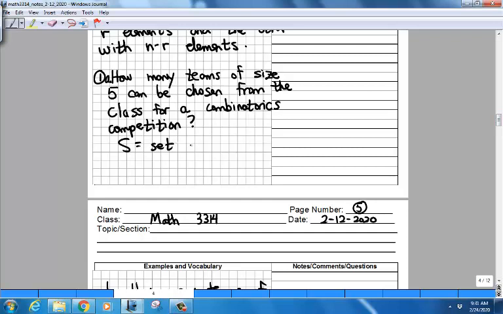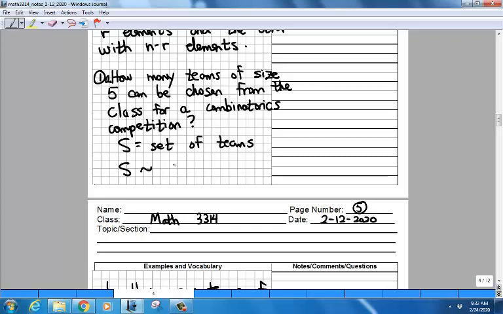Let's call the set we're trying to count S, the set of teams. So what is our model here for S? When you pick a team of size 5, you're just picking a subset from the set. Did you say permutation?